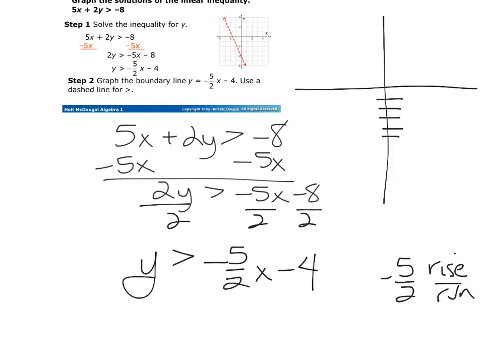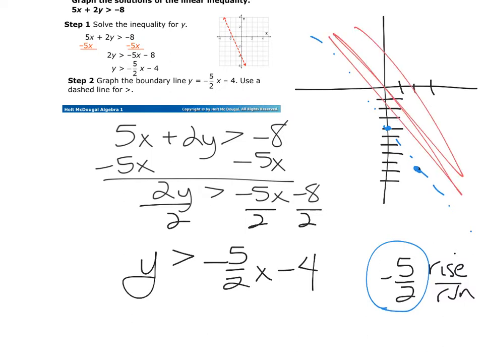So negative 4 on the y-axis, and then from there, I could go 5 down, and then 2 to the right, and then put a dot right here. Now, what kind of line am I making? Solid or dashed? Dashed, good. Dot, dot, dot, dot. And then am I going to shade on top or the bottom when it's greater than? Okay, when it's greater than, it'll be the top.